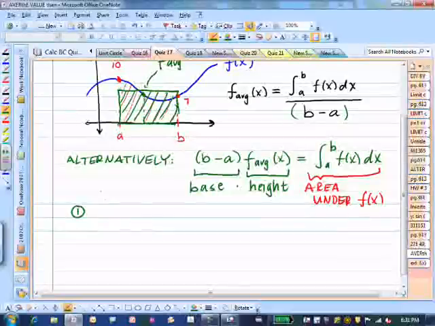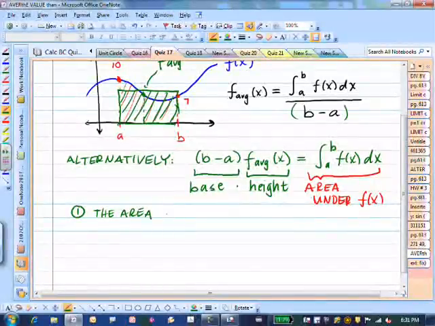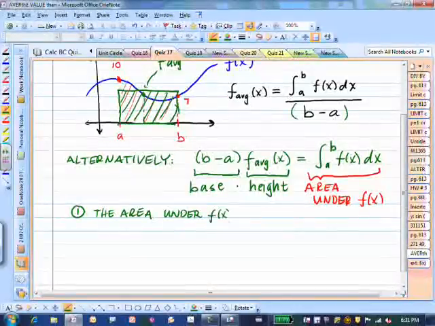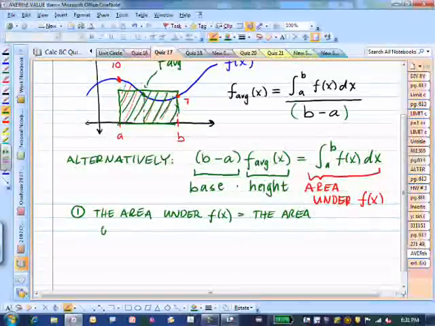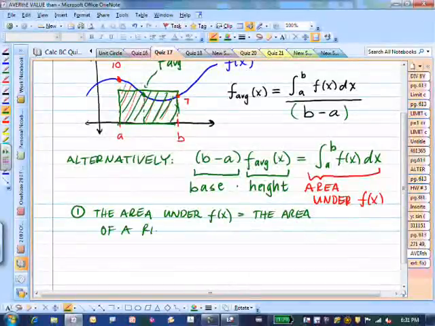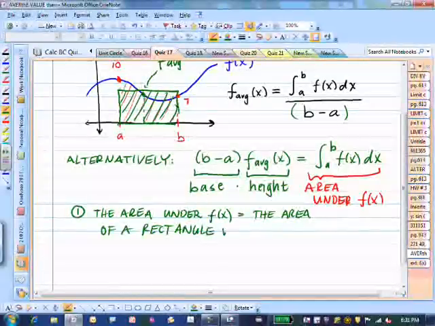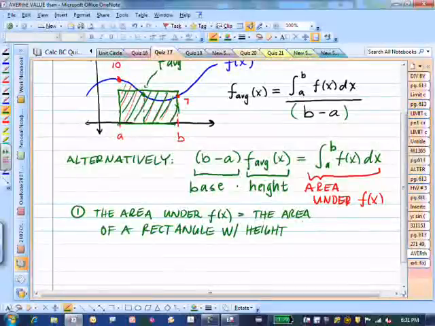Implication number one is that the area under f is equal to the area of a rectangle with height f average.